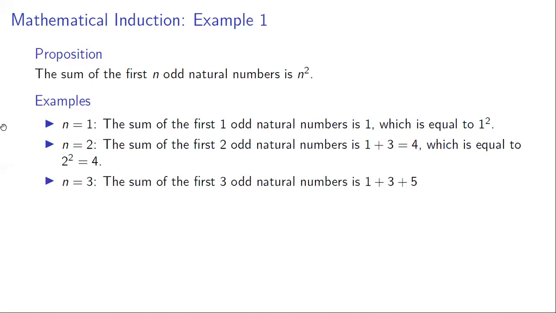The first 3 odd natural numbers are 1, which is odd, not 2, then the next odd natural number is 3, and then 5. The sum of those 3 odd natural numbers is 9, which is equal to 3 squared. So these are a few examples. Of course, these examples do not prove the proposition at all.